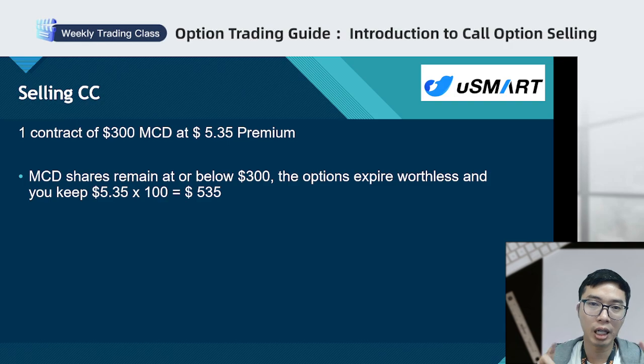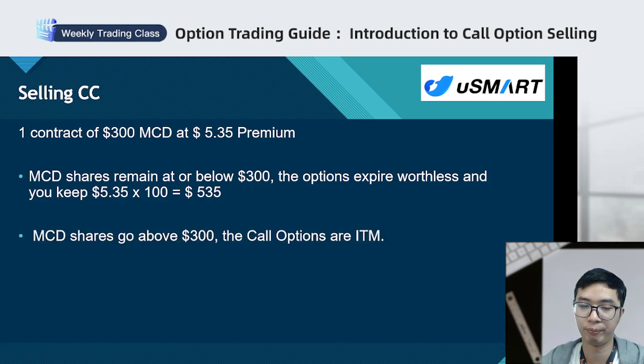For selling covered calls, the returns will be the premium plus the capital gain, because we own the stock at the lower price and we wait for it to hit TP while taking the premium as additional income. So if the McDonald's shares go above 300, the call option is in the money.